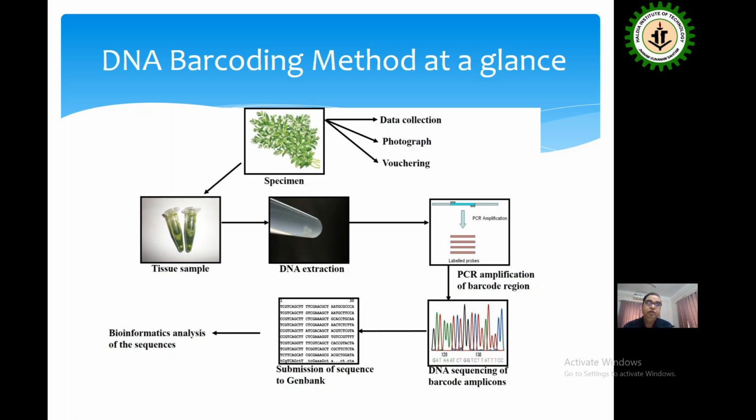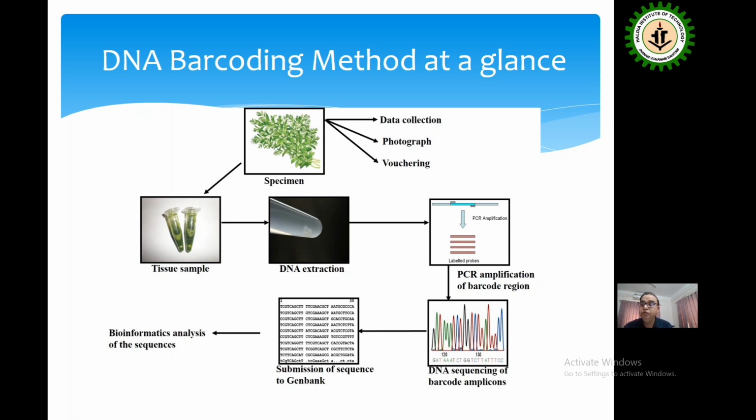Then we collect the tissue and do the DNA extraction. For example, from plants we use the CTAB method, and for animals we can use the phenol chloroform isoamyl alcohol method. Different methods can be applied, and then we do the PCR amplification of the barcode region.